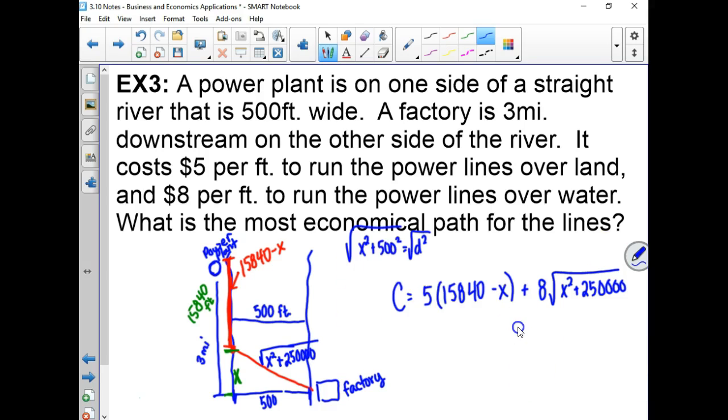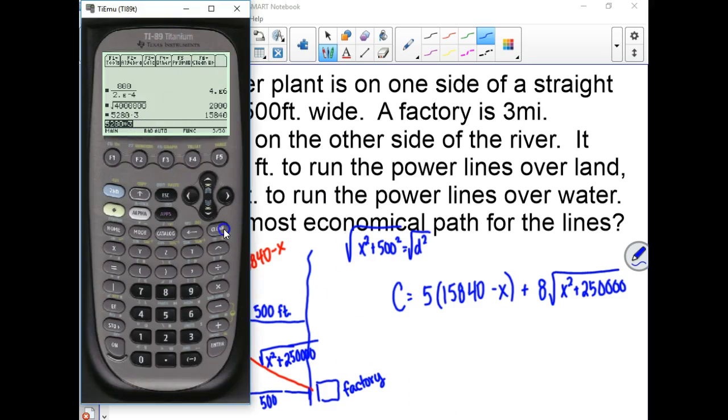We could do this by hand, but let's use our calculator, because I don't want to spend a lot of extra time with this. So if we take the derivative of this, make sure you put your comma X in your parentheses at the end.